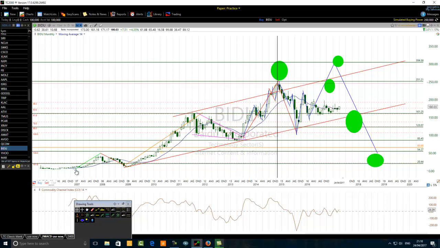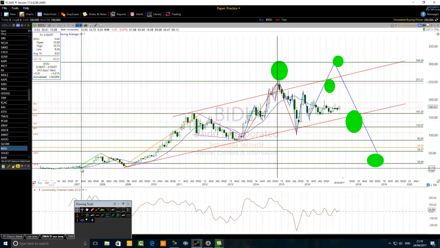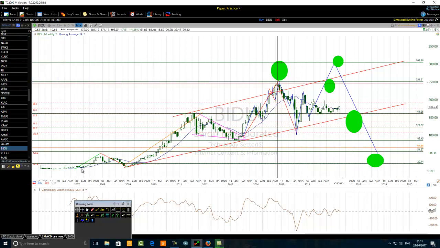Baidu, the Google of China. Here it is. So we call this first wave, second wave, because my second wave almost came to the beginning of my first wave. But just go with me.